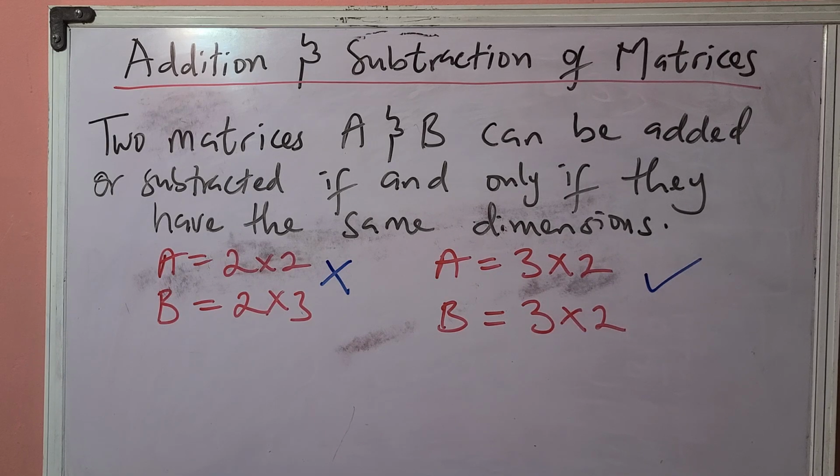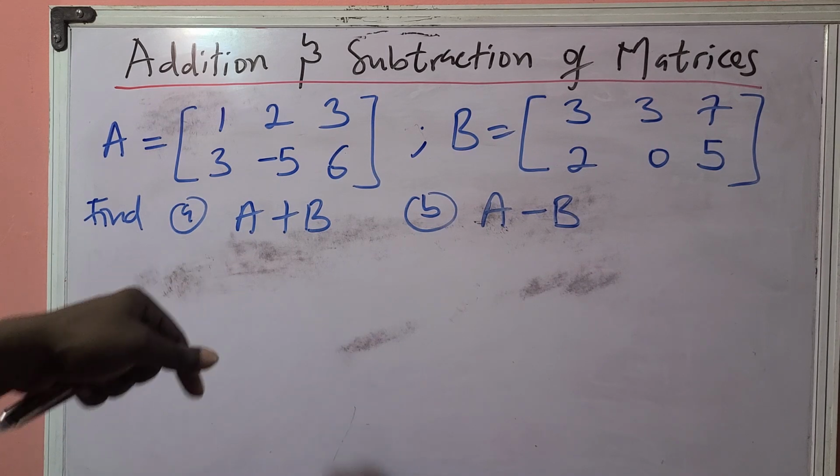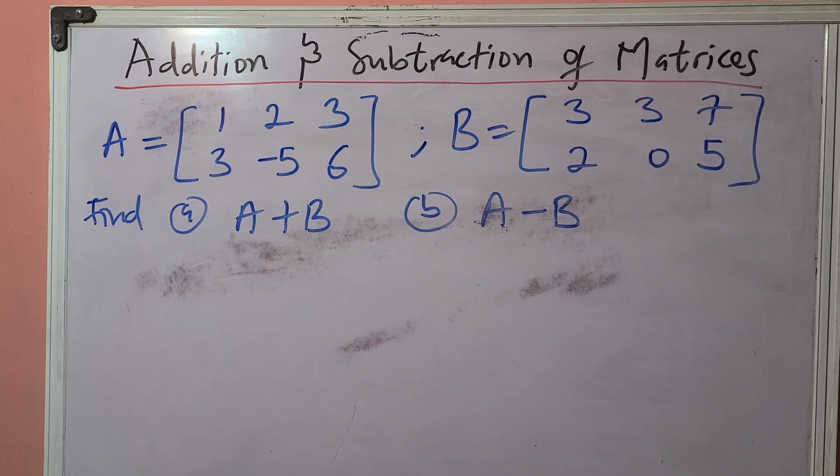All right, let's try and do a few examples. Let's try and resolve the question we have right here. You're given two matrices A and B, and you're told to find in question A the addition of both matrices, and in question B the subtraction of the two matrices. As I said earlier, the very first rule that you must adhere to is that they must be of the same dimension.